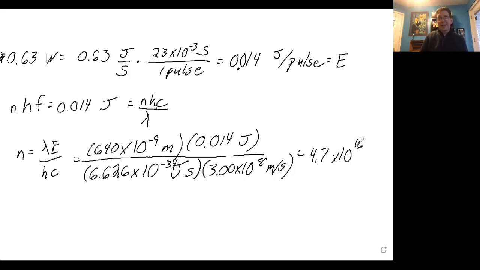So 9 is a billion, 12 is a trillion. So 47 quadrillion photons in the pulse of the laser.